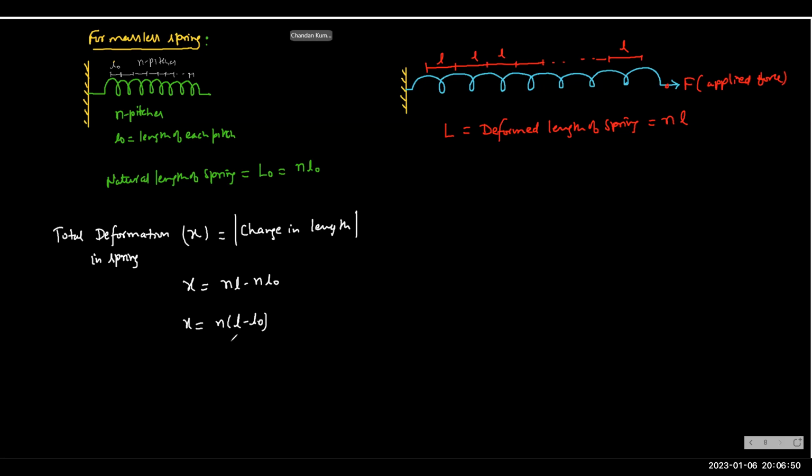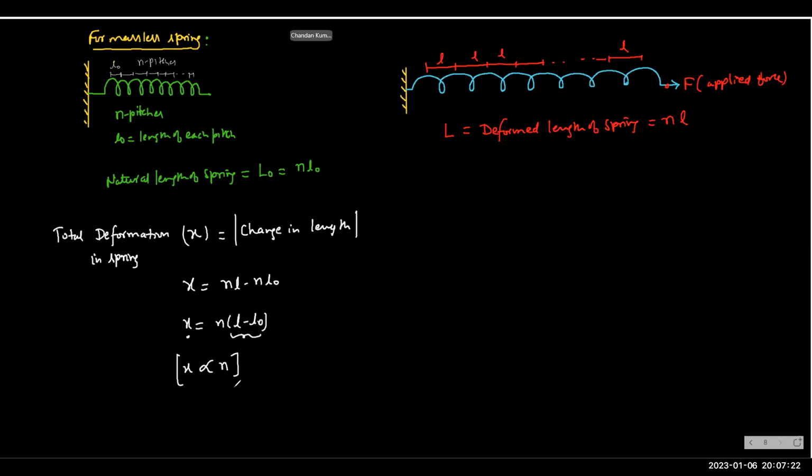Because the deformation is happening at pitch level. So as you grow the count of pitches, the total deformation will increase proportionally. Yes or no? So can we say X is proportional to N? Yes, sir. So a spring with large number of pitches will have more deformation for the same force.